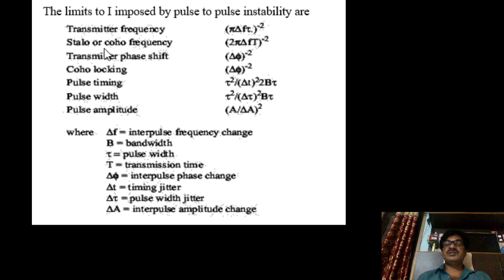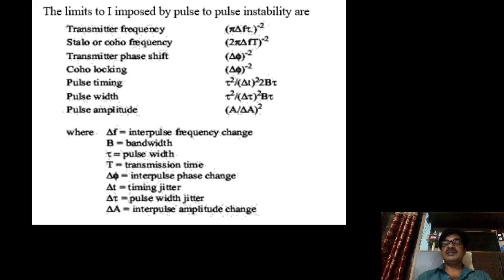With reference to Stalo and Coho frequency, the relation is I equals 1 by (2 pi delta f T) whole squared. With reference to transmitter phase shift, I equals 1 by delta phi whole squared. Similarly, for Coho locking, also 1 by delta phi whole squared.